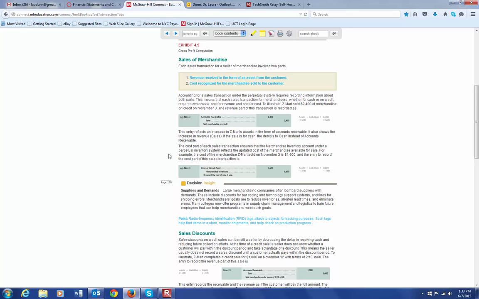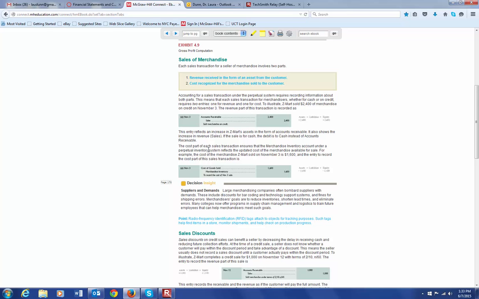Now, once you do that, that's kind of the easy part. But we then have to also reduce the amount of inventory that we have on hand because we've just sold it up here. And what we paid for the inventory is not going to be the same as what we're selling it for. So these numbers are not going to match. We have to figure out how much that inventory that we sold up here cost us.